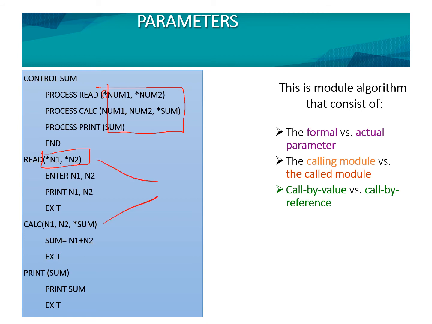We have other terms: the calling module and the call module. The call module means all the definitions and processes are done inside this module, while the calling module is this one. Besides call by value and call by reference, we have another term called the return value. What is a return value?